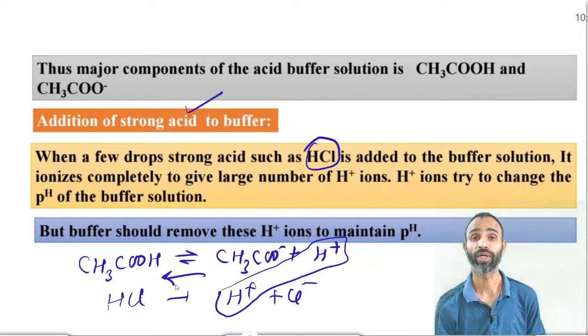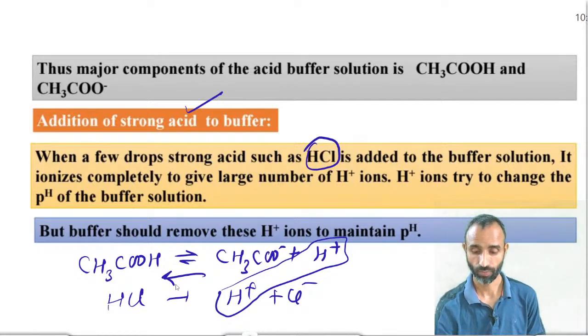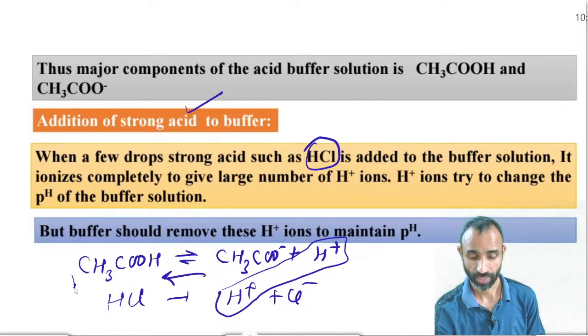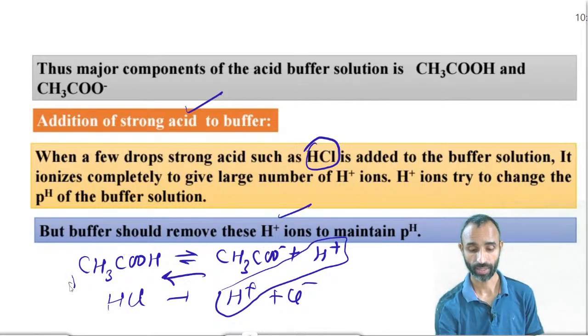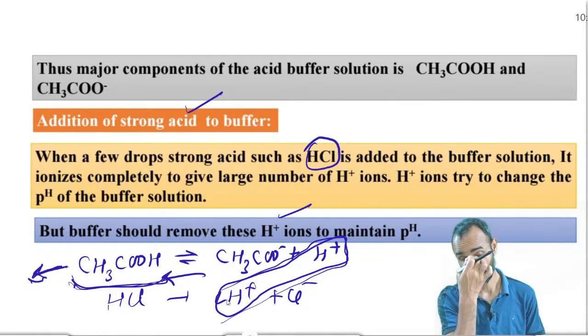So that will decrease the small amount of H plus ions added from our side, and therefore it tried to change the pH, but the buffer should remove these H plus ions to maintain the pH. In this way, unionized acetic acid becomes more, and the H plus ions which are added by us are removed by the buffer. This is called buffer action.